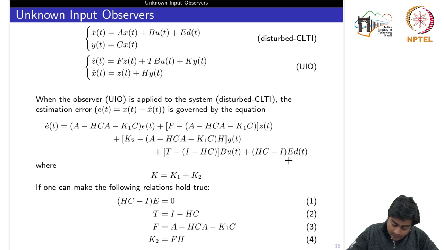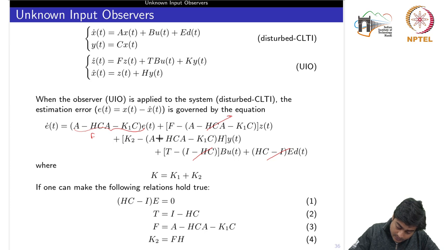So what do we need to solve? We need to solve these four equations, which basically say the same thing, that HC minus I times E should be equal to 0. Now T should become equal to I minus HC, so that this term would go to 0. Here we are substituting the state matrix of the error dynamics as some F matrix. So if my F becomes equal to this, this would also become equal to 0.